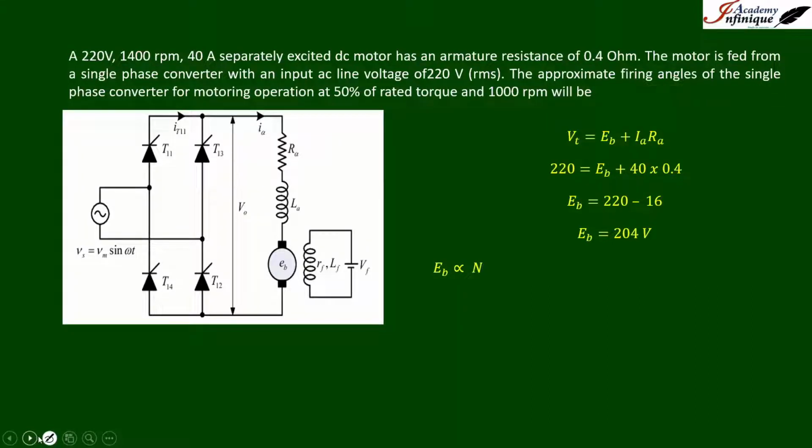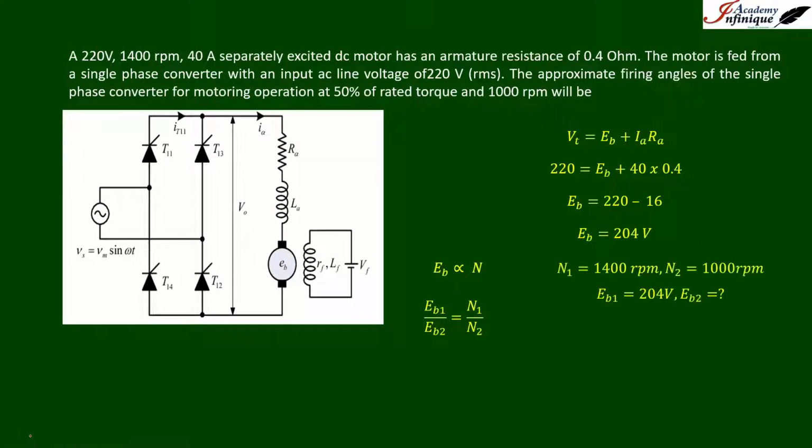And now the second portion of case 2 or condition 2 is speed. We know that Eb, that means back EMF, is proportional to speed. So the relation can be given as Eb1 by Eb2 equals N1 by N2.